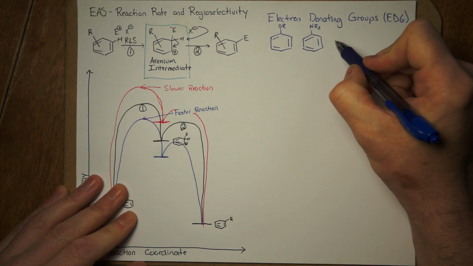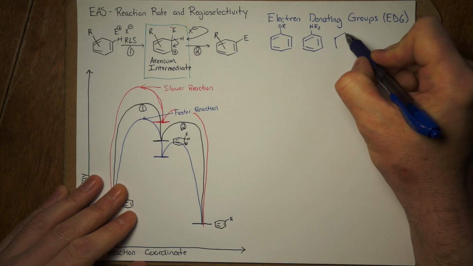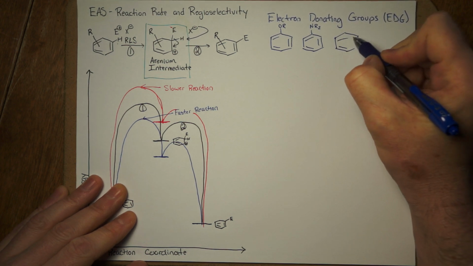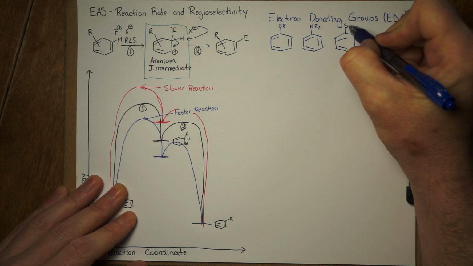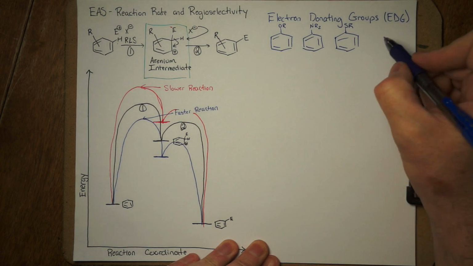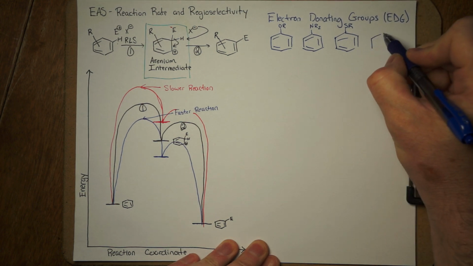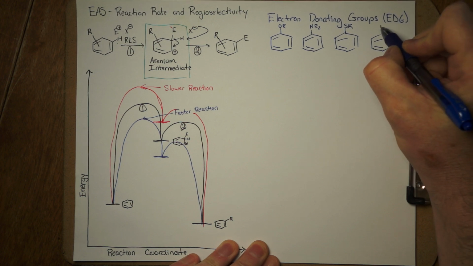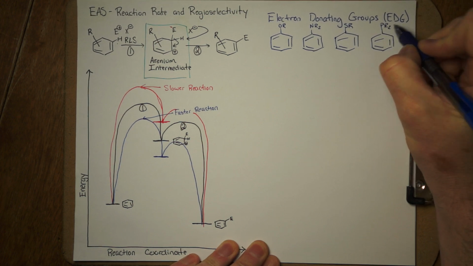So maybe you could start seeing a pattern here. We can also think about having a benzene ring with a thiol group, or a benzene ring with a phosphorus atom attached to it.